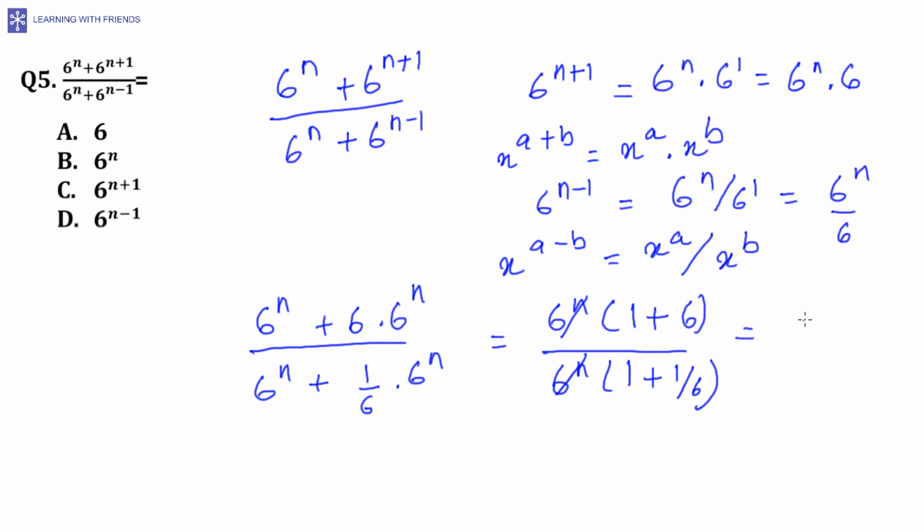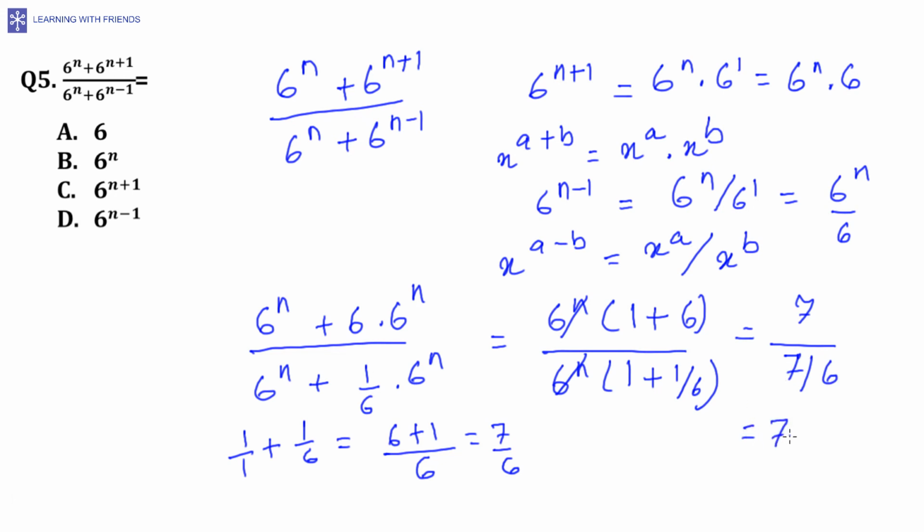So 6 plus 1 is obviously 7. And what is 1 plus 1 by 6? How do we solve that? So basically we write 1 as 1 upon 1 and we write 1 upon 6 as this, and we take the LCM of 1 and 6, which is 6. So this becomes 6 plus 1 and this becomes 7 upon 6. So 1 plus 1 upon 6 is 7 upon 6.